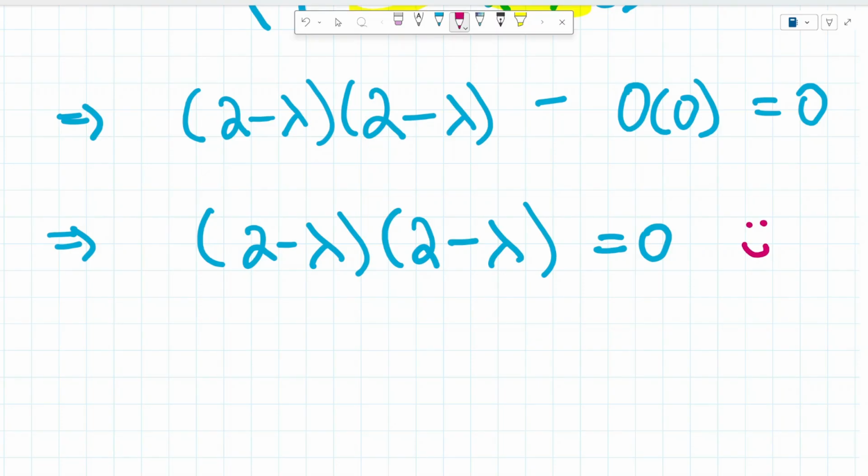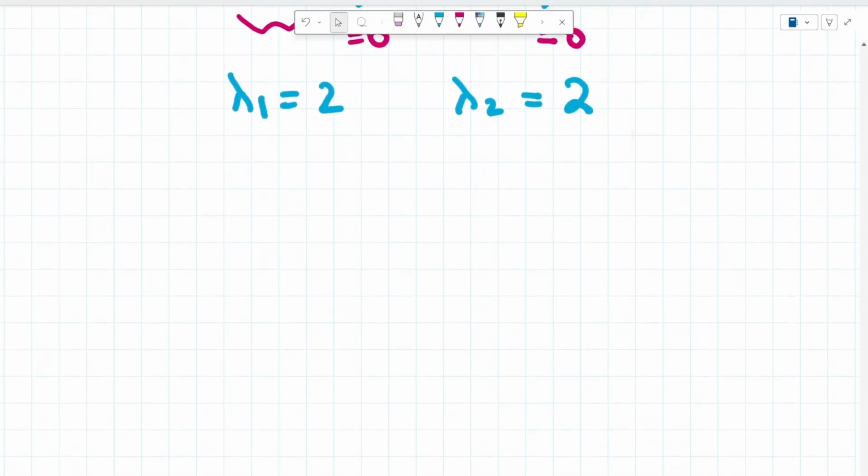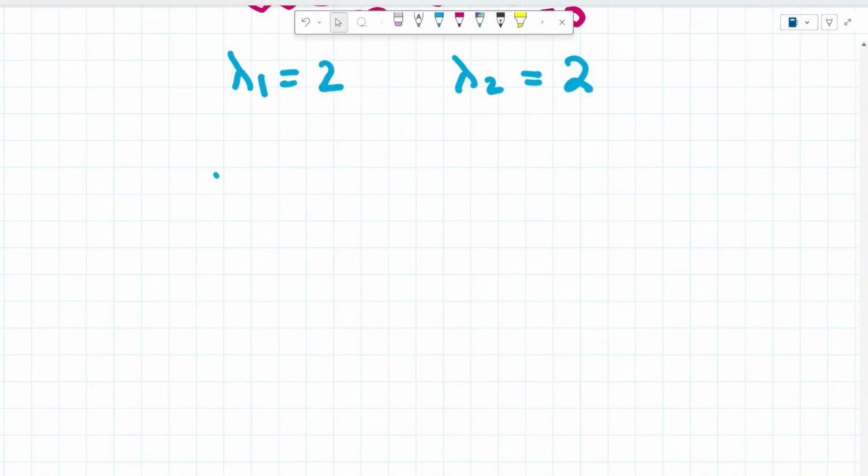So here, in order to solve for lambda, we simply set each of these terms equal to 0. We get that lambda 1 equals 2 and lambda 2 equals 2. So what is this telling us? That means lambda 1 equals lambda 2, which equals 2.